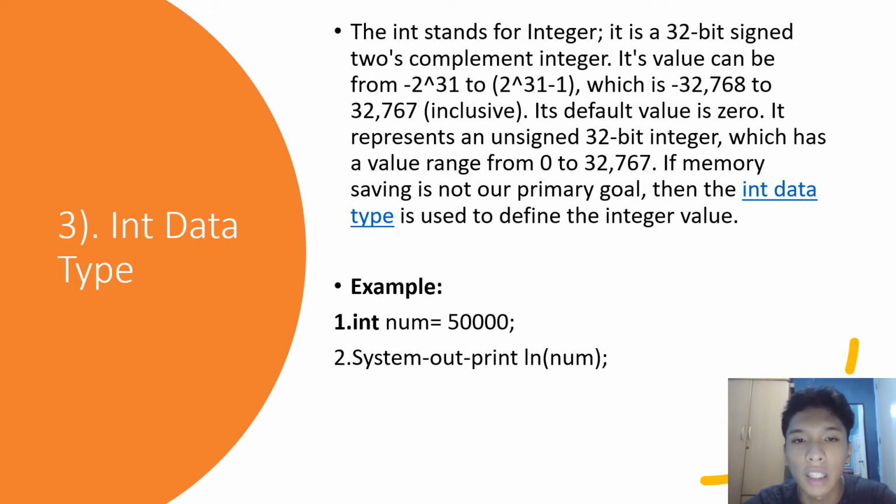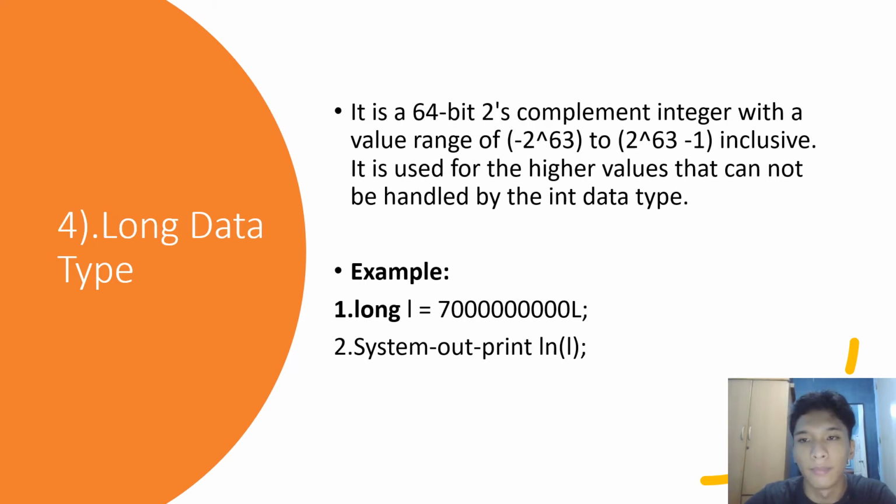It represents a signed 32-bit integer. If memory saving is not our primary goal, then the int data type is used to define the integer value. Example: int num = 50000; System.out.println(num).